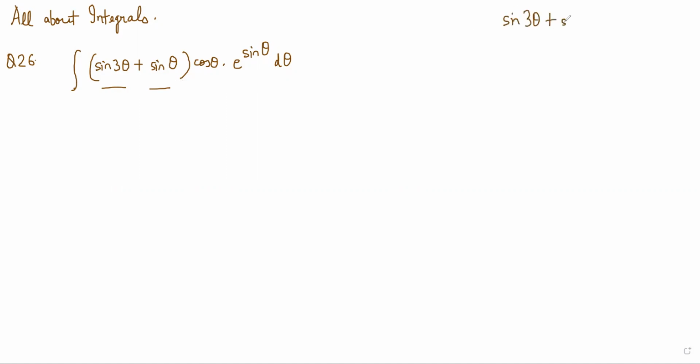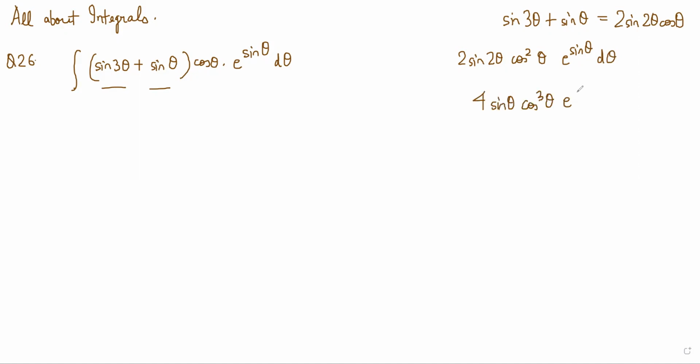Sine 3 theta plus sine theta will become 2 sine 2 theta cos theta. And therefore this becomes 2 sine 2 theta cos square theta e power sine theta d theta, which can be written as 4 sine theta cos cube theta e power sine theta d theta.